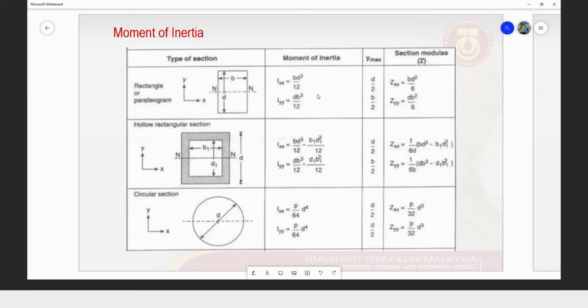Then you need to know which one you have to use, IXX or IYY.